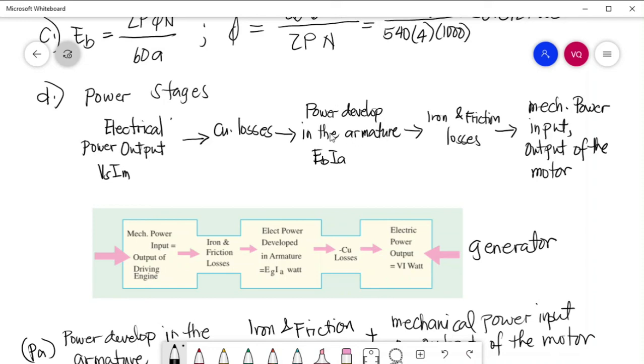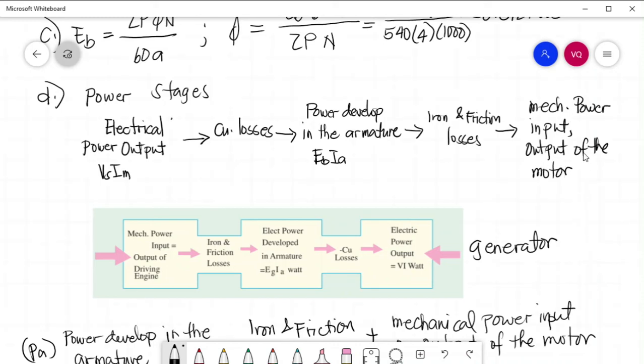You can solve this power developed in the armature also by multiplying the back EMF and the armature current. So power developed in the armature minus the iron and friction losses is equal to the mechanical power output of the motor.